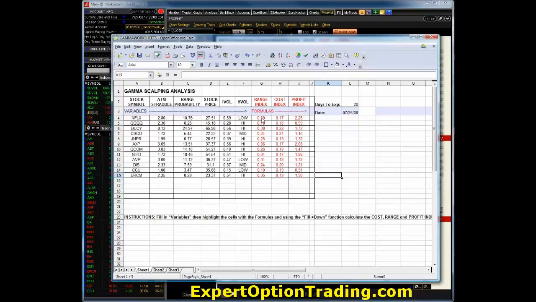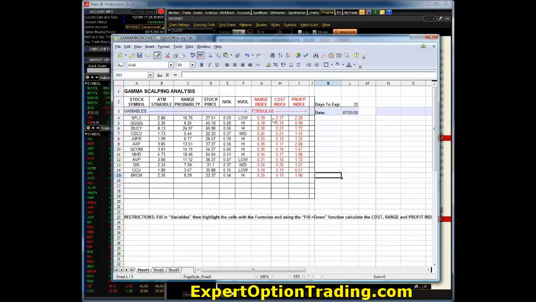And remember, we want the range to be as great as possible. In other words, we want this range compared to the stock price to be as large as possible. We want a large range with a stock price that's relatively small, because we want that stock to move as much as possible. When the stock moves, we make more money when we day trade using this particular technique.